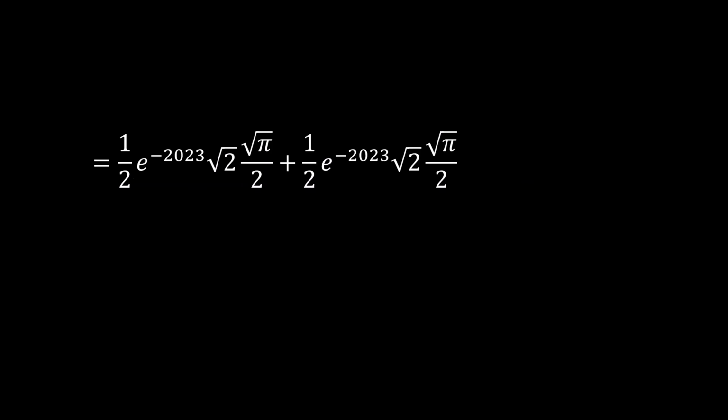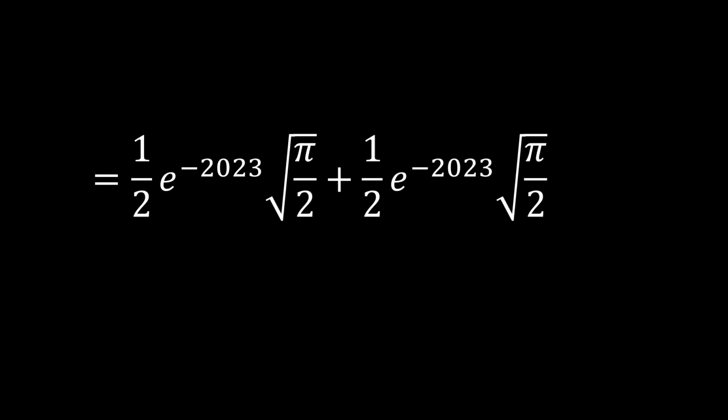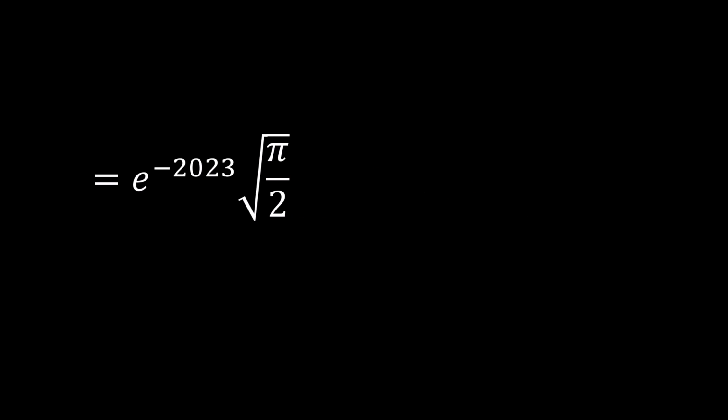Since we have a half here, and we decided to multiply with the square root of 2, when you add that, you get e to the power negative 2023 times the square root of pi over 2.